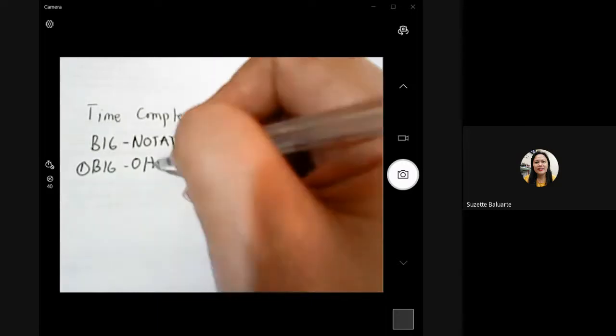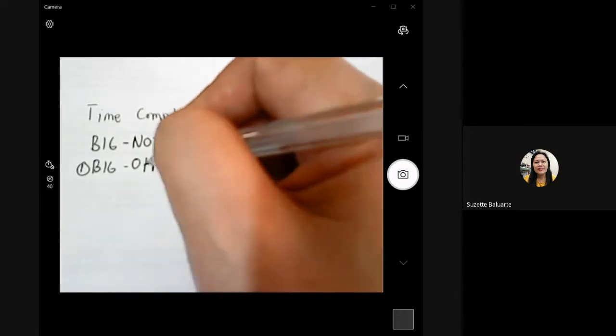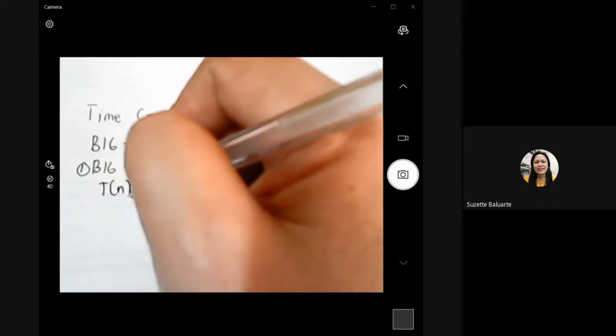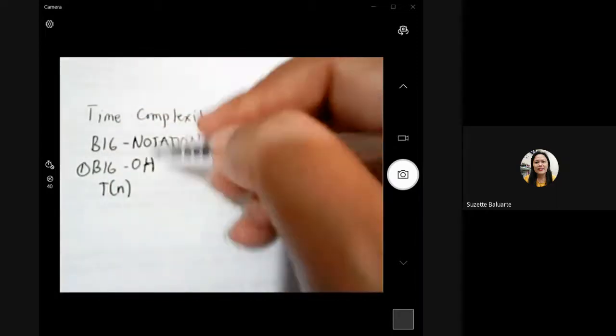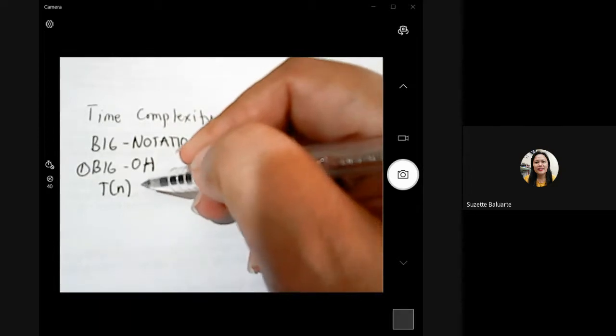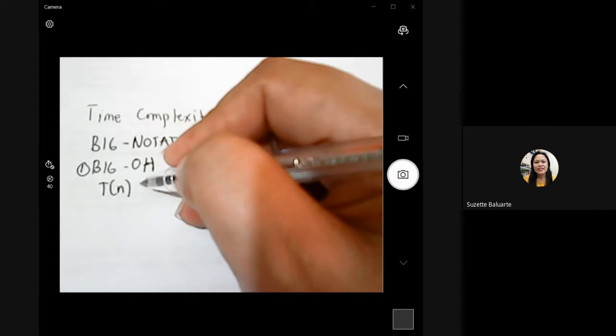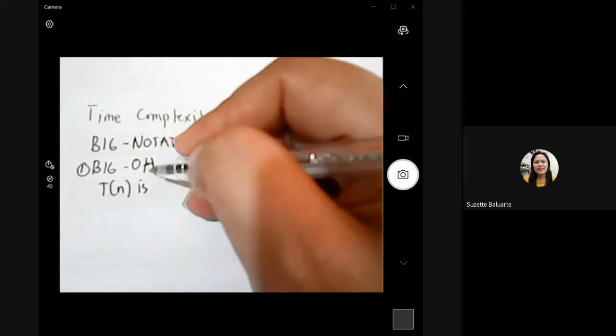So, what would be the condition in big O? Your T of n, remember your T of n in the first topic, analysis of algorithm. So that's how we computed it based on the code.